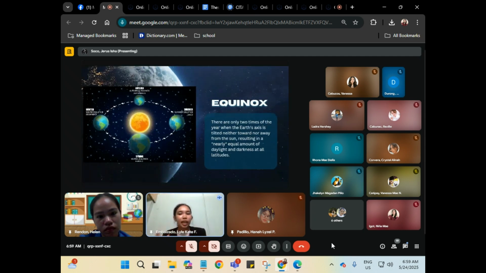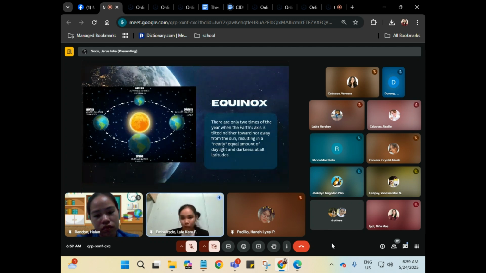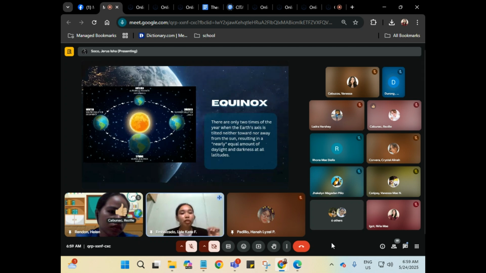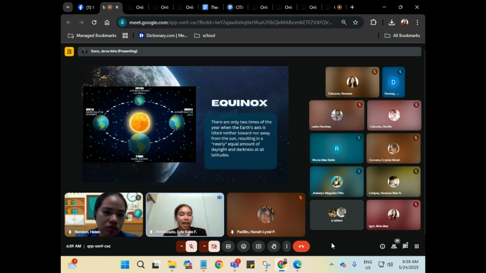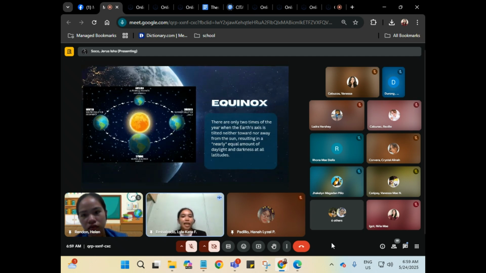So the nearly equal hours of day and night, class, are due to refraction of sunlight. You already know about refraction, right? We already discussed the refraction of sunlight, or the bending of the light's rays that causes the sun to appear above the horizon when the actual position of the sun is below the horizon.